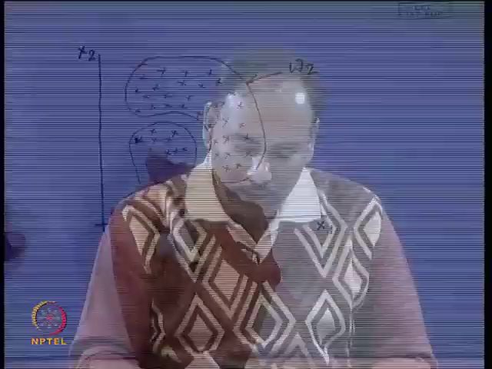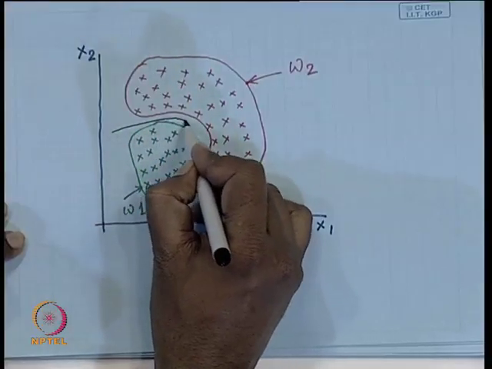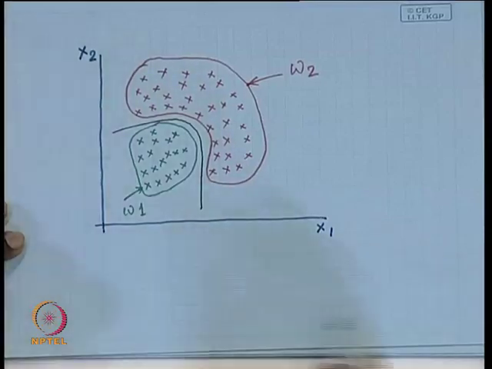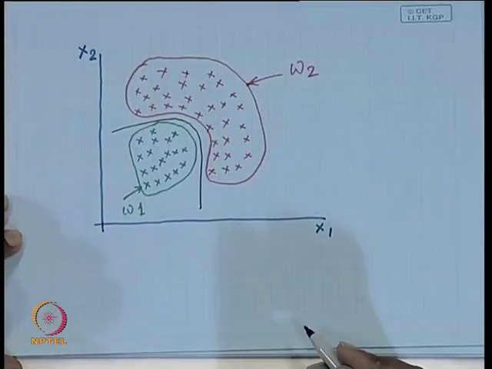Okay. Similarly, in 3 dimensions, if the samples are distributed like this, I cannot separate the classes by a plane, or in higher dimensions, I cannot separate the classes by hyperplanes. Okay. So, in such cases, I have to have a nonlinear decision boundary, something like this.